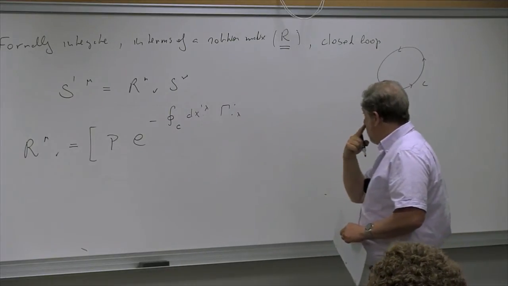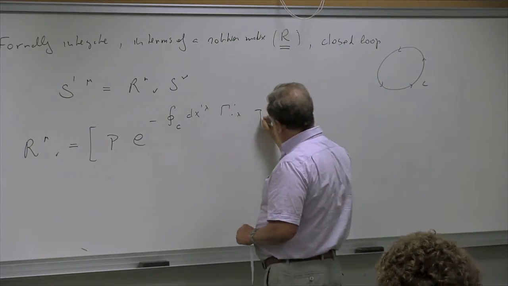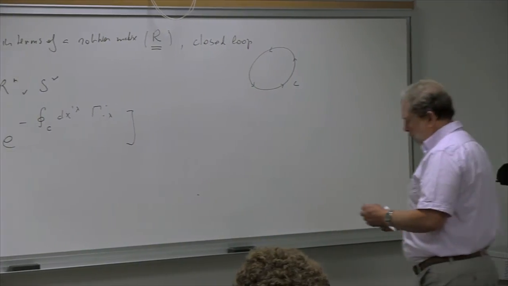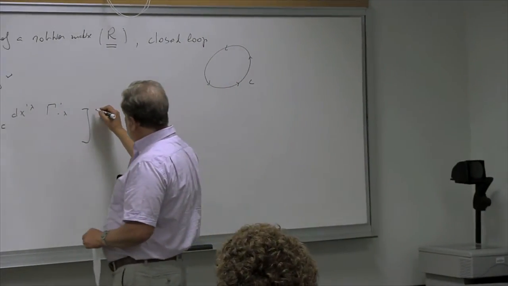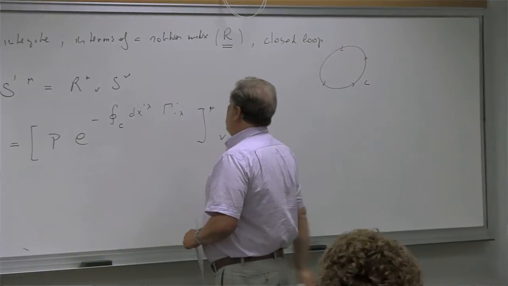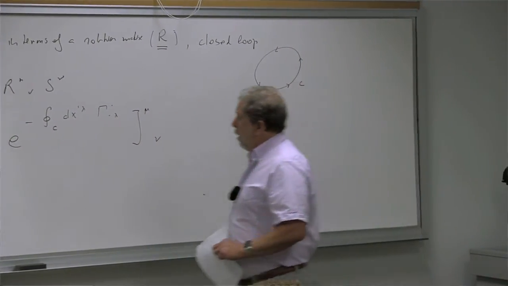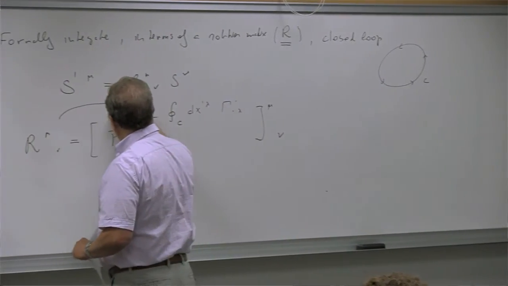That's going to be a matrix, and we have to write the exponential of a matrix, which is something that we learned, for example, in quantum mechanics. Then we're going to get another matrix back from the exponential, which has two indices, mu nu, and that is going to go in there.